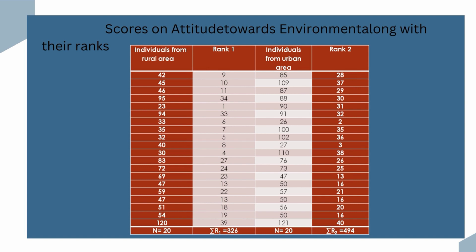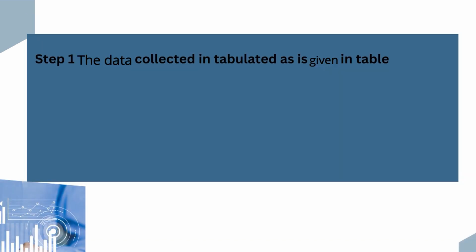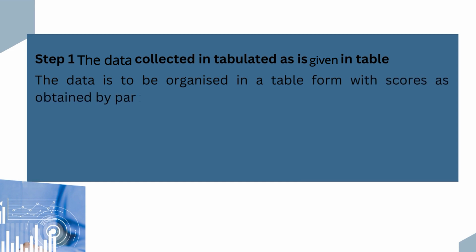So, let us go with step number 1. The data collected should be tabulated as it is tabulated in table number 1.5. The data is to be organized in the first step in a table form with the scores as obtained by participants in each group, and after that we go with step number 2, and in step number 2 we have to rank the scores as was done in the previous section.